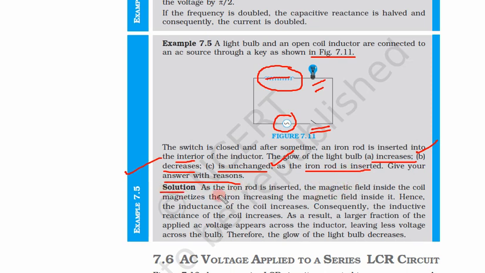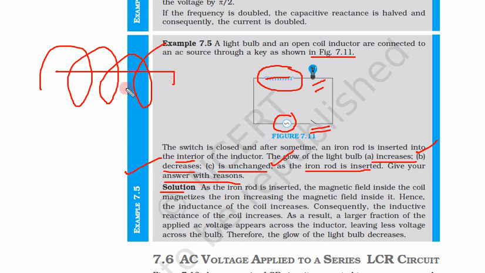The answer is, when the iron rod is inserted inside this coil, the magnetic field inside the coil magnetizes the iron. We have also learned that when there is a coil and we put some ferromagnetic material inside, this material also magnetizes with the help of the coil.